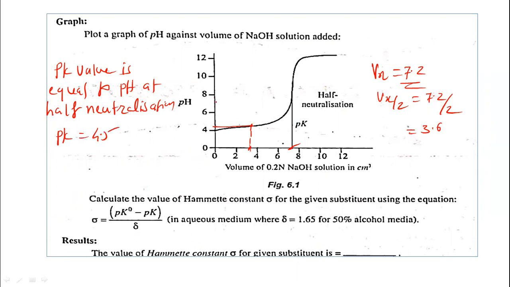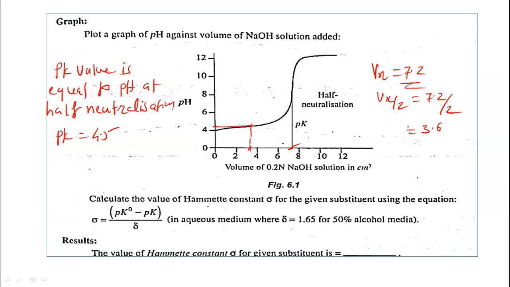This graph is plotted for all the types of acid: benzoic acid, meta-nitrobenzoic acid, para-nitrobenzoic acid. Then we can determine the sigma value here. Now you can see the formula given here.